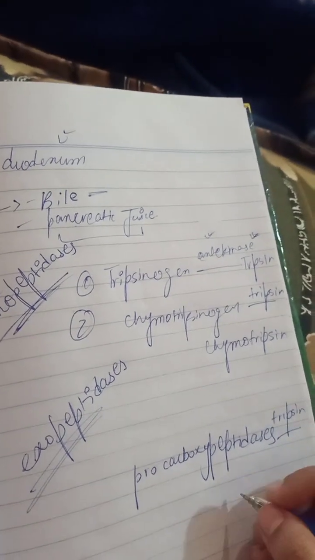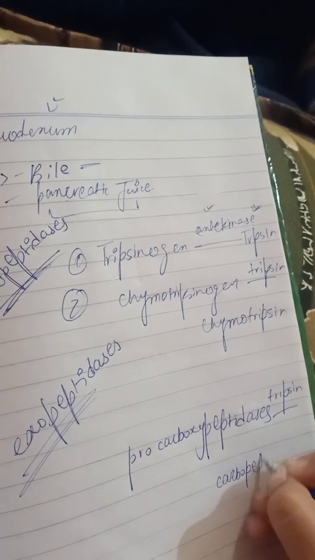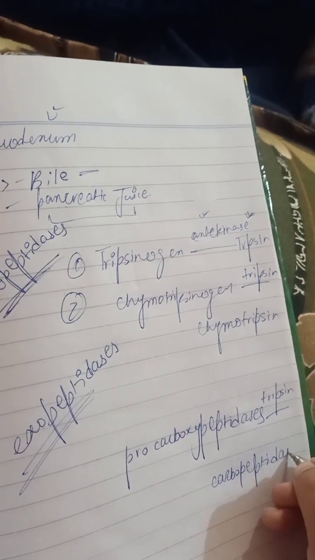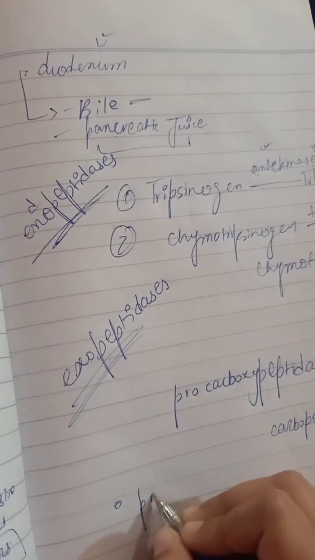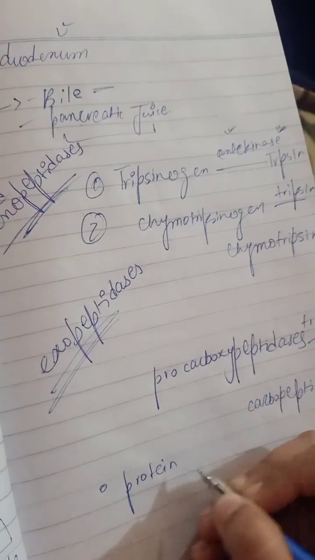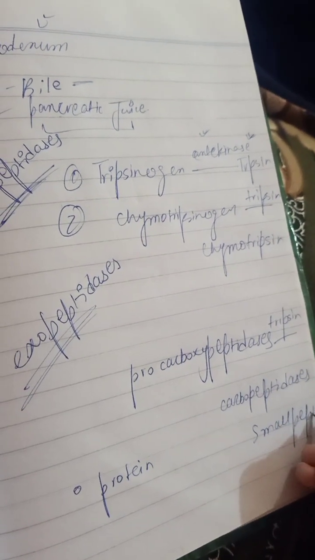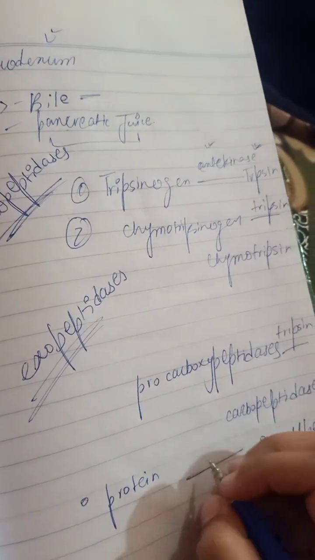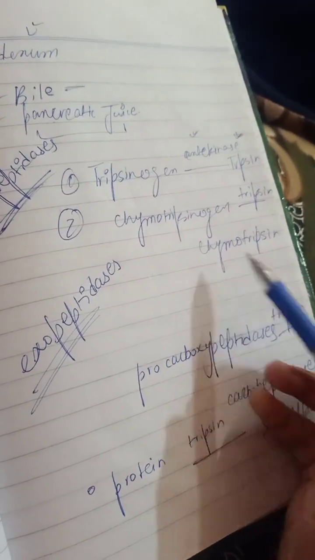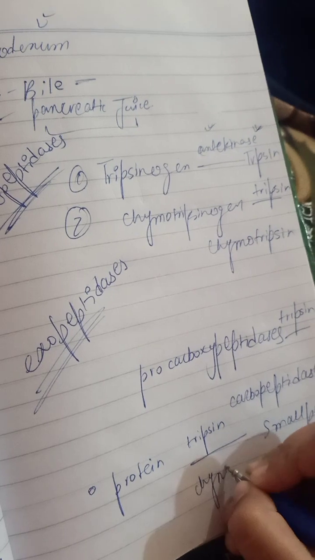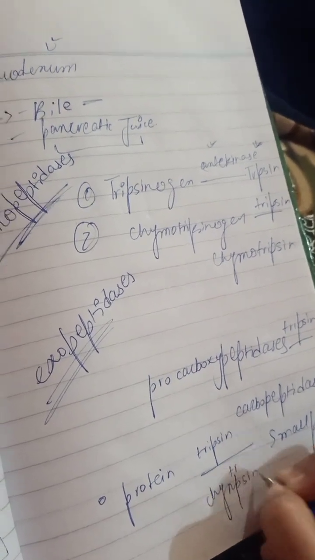So by the trypsin it will convert into carboxypeptidase. Now the protein will convert into small peptones with the help of the enzymes trypsin as well as chymotrypsin, which are now in the active form.